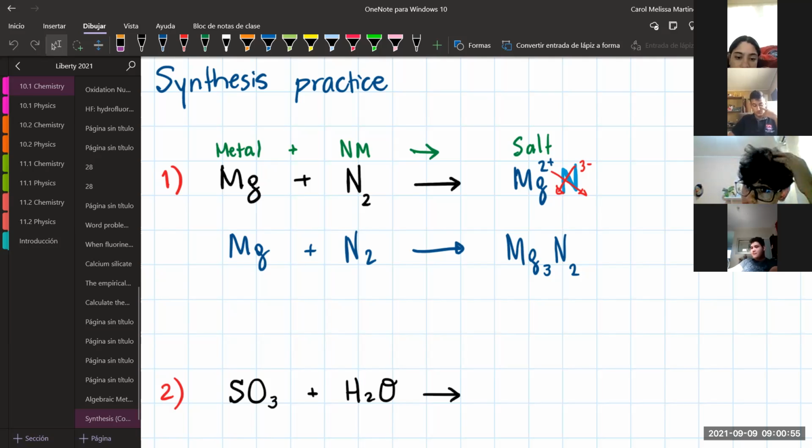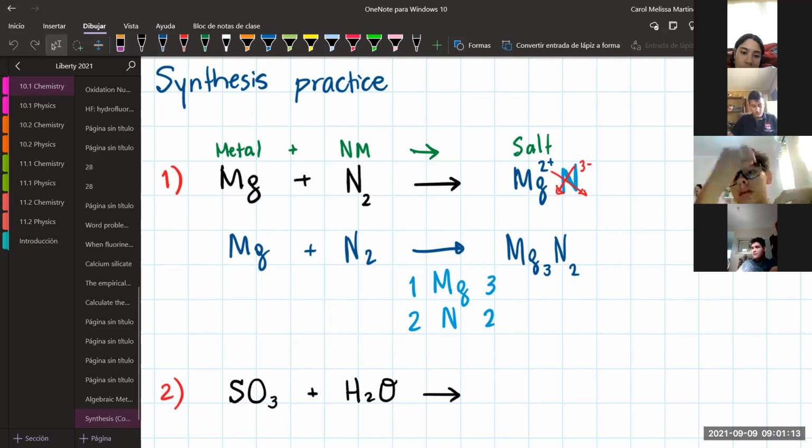Now, what we do after is we need to check if it's balanced. So you check what you have on the right and what you have on the left. You notice there is no balance. You are missing magnesium. And even though I know that you can do this mentally, just putting the 3 in front of magnesium is going to make it balance.